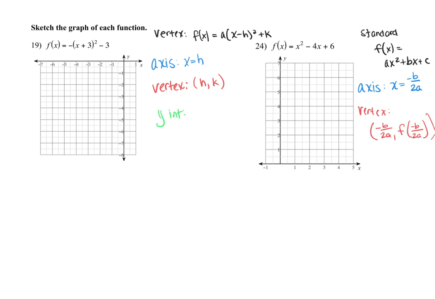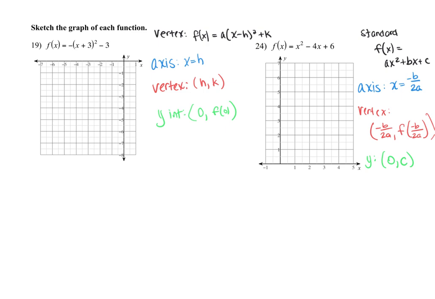Plug it in to get your y value. And then for vertex form, your y-intercept, you're going to have to plug in a 0 and solve. So you have 0 always as your x, and then plug in the 0 to figure out your y. And then for standard form, that's the one they kind of give you. It's just 0 and c.